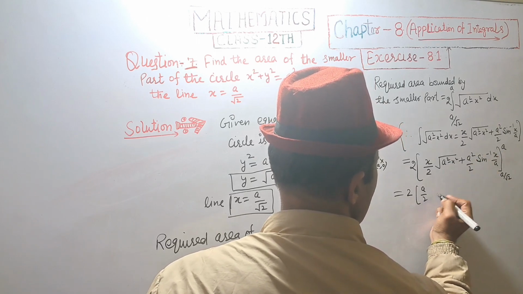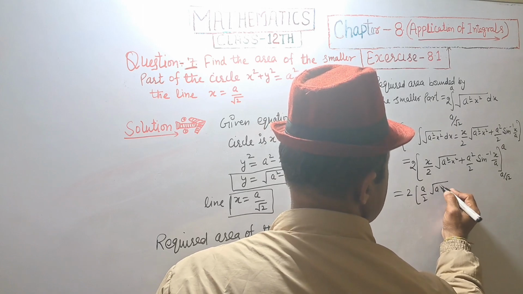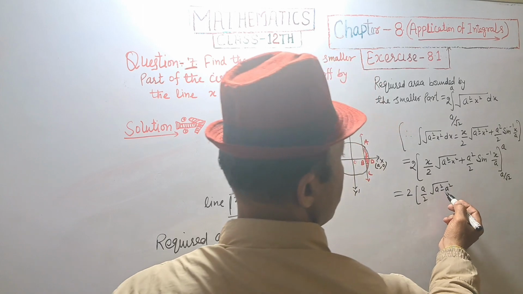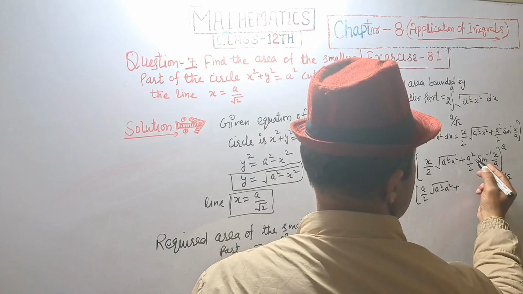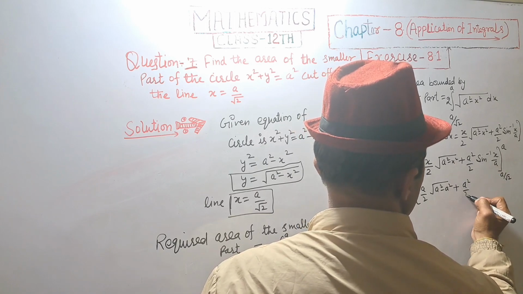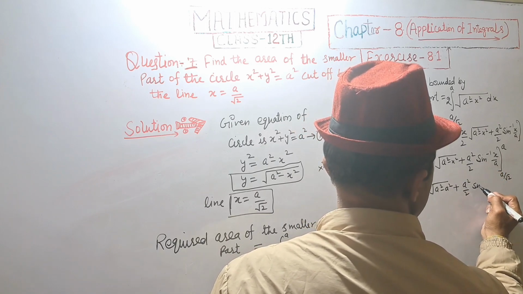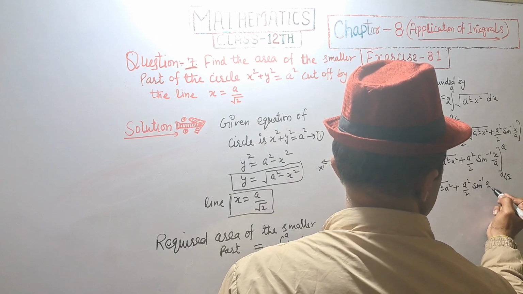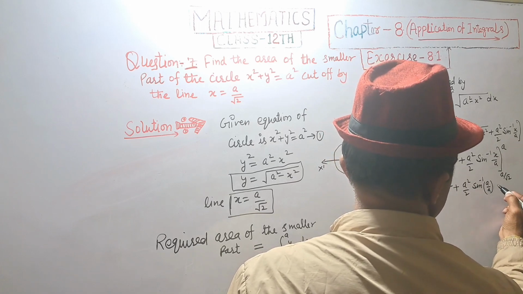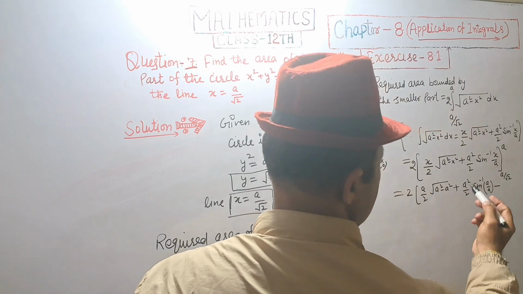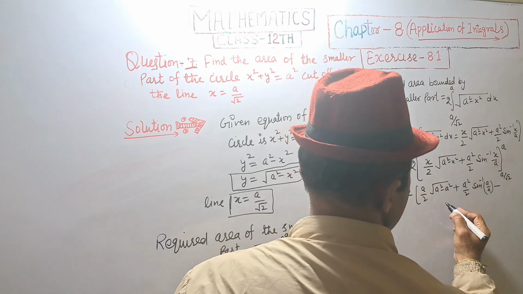Upper limit gives a upon 2 into a square minus a square, that is 0, plus a square upon 2 into sine inverse a upon a, that is equal to 1, and minus lower limit.